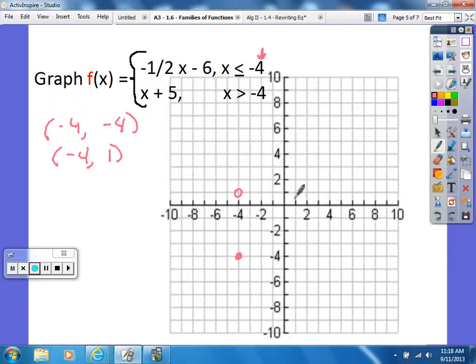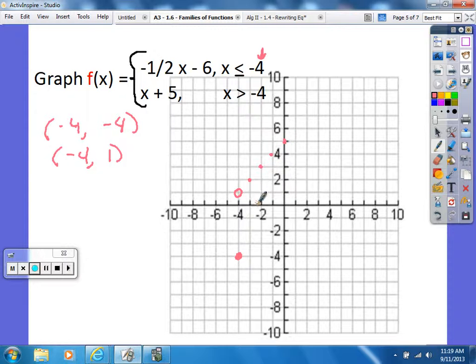So now that we've gotten the points, let's do the one that's greater than -4. Let's do the one that's on this side, okay, which is X plus 5. What's the slope of that line? 1, okay. And this is the point that we came up for, right? So from that point, I'm just going to go up 1 over 1, up 1 over 1, up 1 over 1, up 1. Oh, look at that.